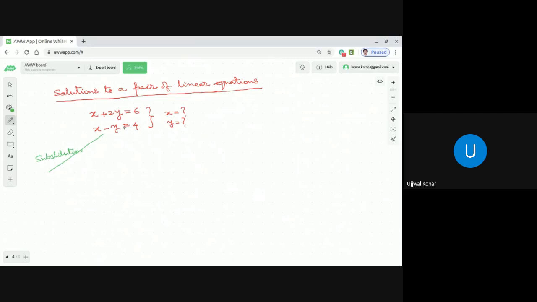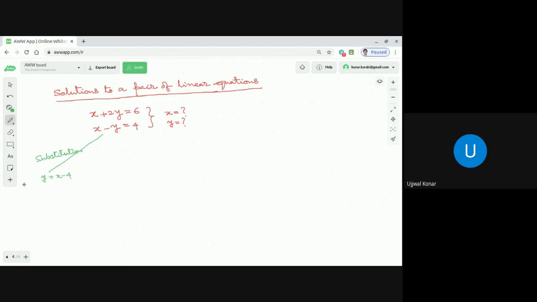So what you will do here, in the method of substitution, is that from either of these two equations, find the value of either x or y in terms of the other. That means we can express x in terms of y or y in terms of x. From the second equation, we can write y is equal to x minus 4.